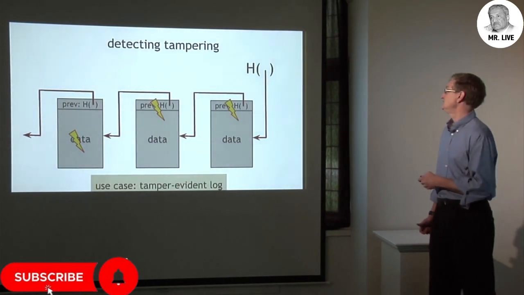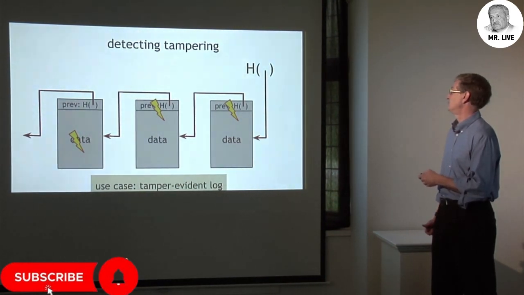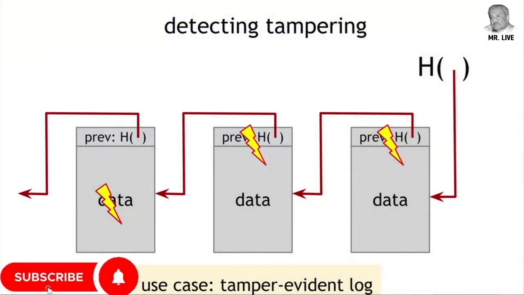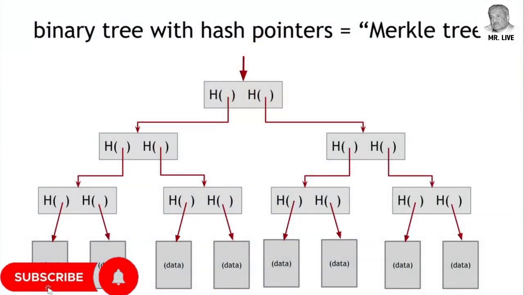And so what this means is that just by remembering this hash pointer, we've essentially remembered a kind of tamper-evident hash of the entire list all the way back to the beginning. And so we can build a blockchain like this containing as many blocks as we want, going back to some special block at the beginning of the list, which we might call the genesis block. And that's a tamper-evident log built out of a blockchain.